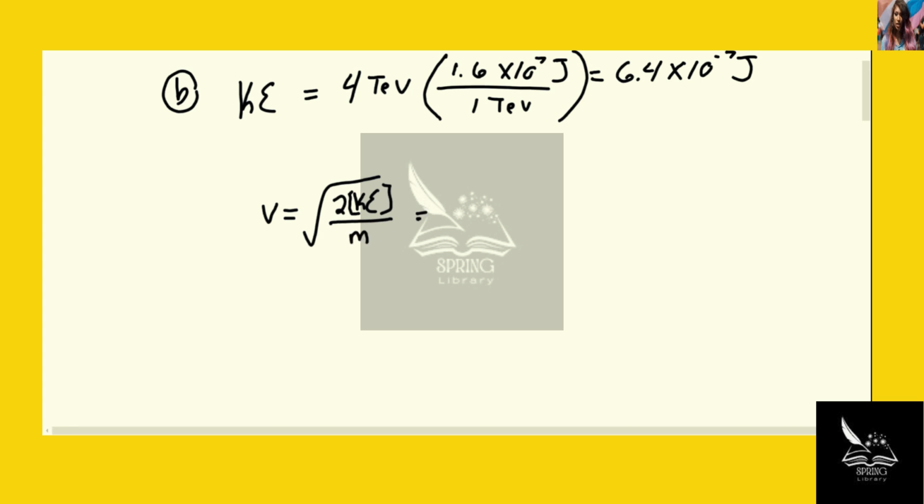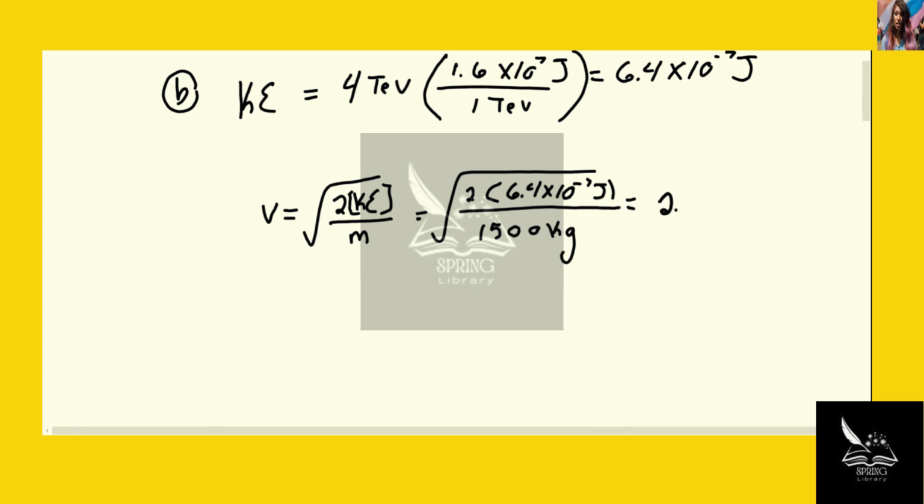So here we can do 2 times 6.4 times 10 to the negative 7th joules, over 1500 kilograms, and plug it all in. You're going to get 2.92 times 10 to the negative 5 meters per second. Okay, and that's your answer for that, guys.